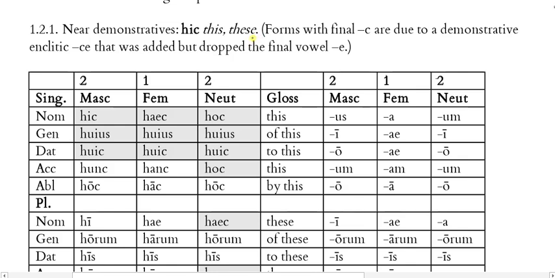I'll just point out here before we see them, because you will notice that there are some forms with a final C here. This is due to a demonstrative enclitic form -ce that was added sometimes. Then the final E of -ce drops off, and so you will just see a final C here, okay? In your mind, you kind of need to remove that C to be able to see what some of the real forms might have been, and I'll point that out here in just a moment, okay?